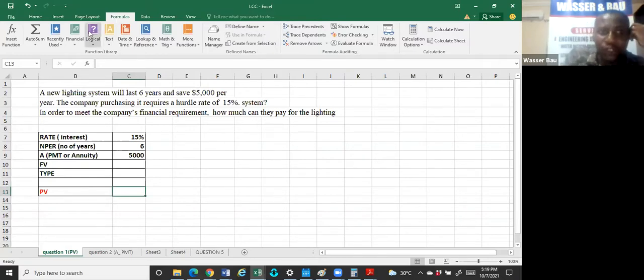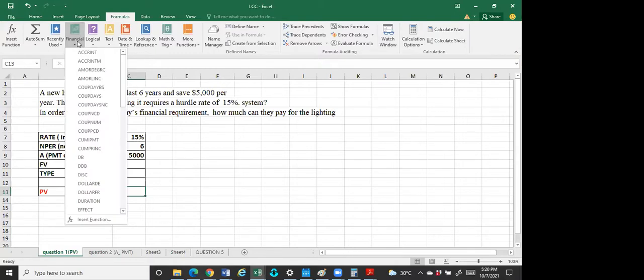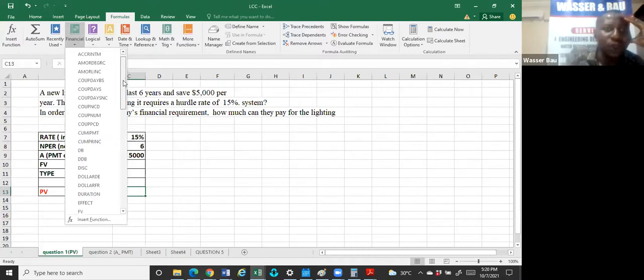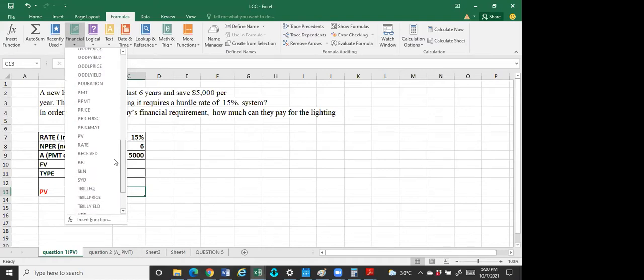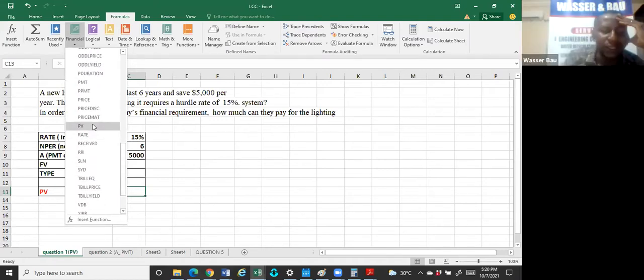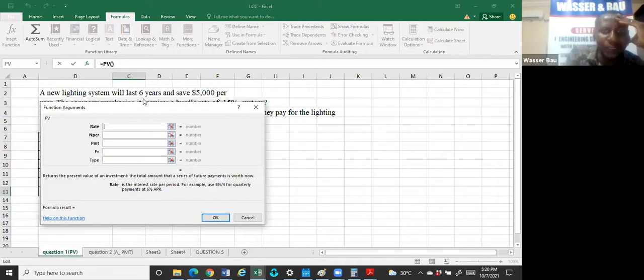Under formulas, you go to financials. Under financials, you open it. You see all the financial formulas possible. Under the financials, you go down and go to PV, present value. Here it is, present value. You click on it. A dialog box will open.